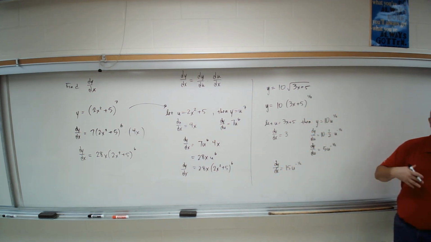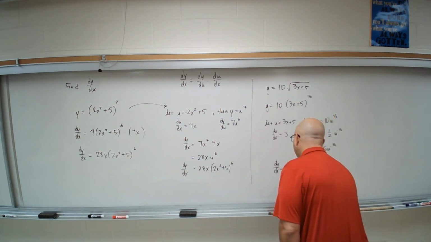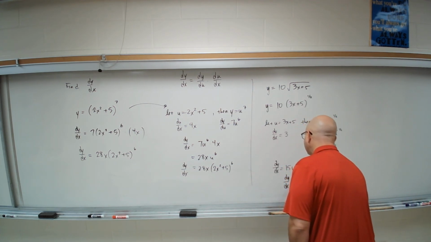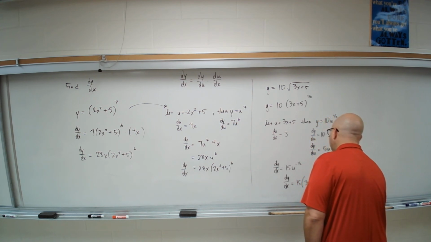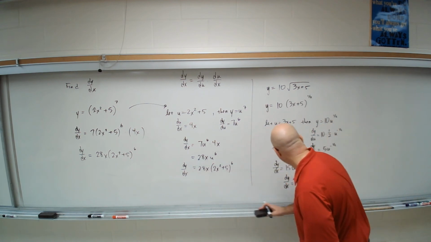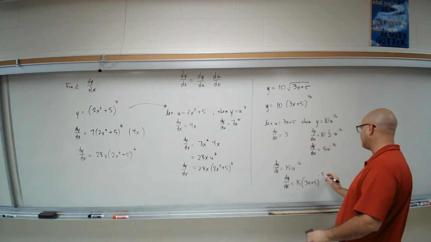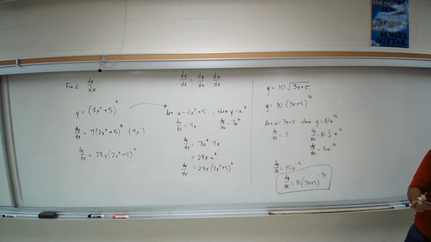Our last step would be to unsubstitute. And we would get the derivative of y with respect to x is 15 times (3x plus 5) to the negative 1/2 power. That would be great to express it that way. Looks fine.